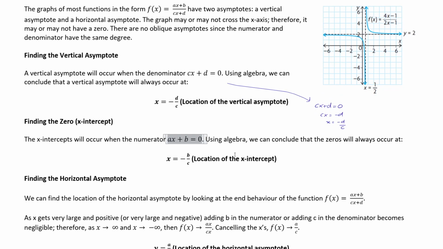So again, we arrange this right here to find what x values will make the numerator 0. So we write ax plus b is equal to 0. Ax is equal to negative b. We bring the b over. And so x is equal to negative b over a. And you may have noticed already that this was incorrect on the slide. That was a copy and paste error. That should be negative b over a.